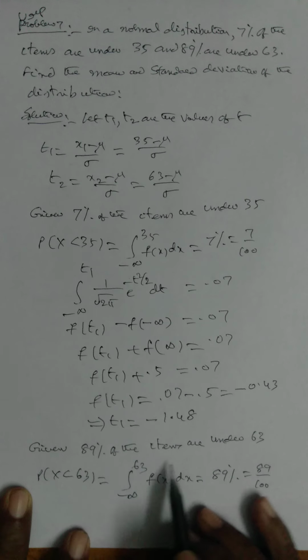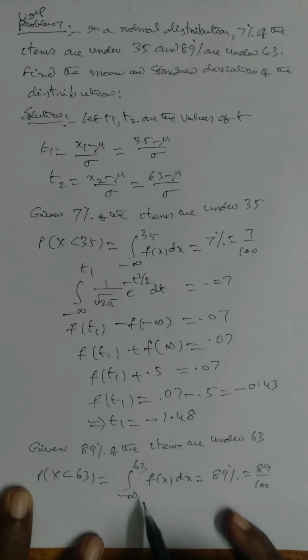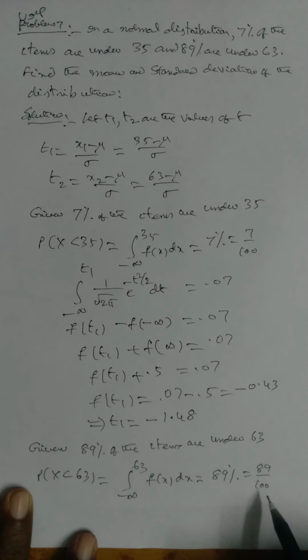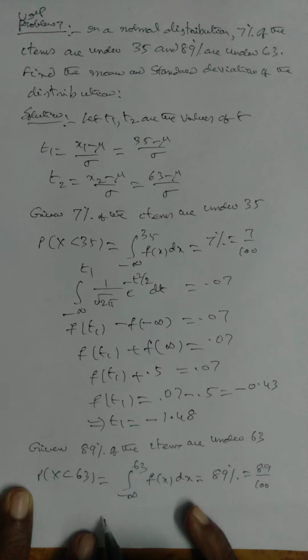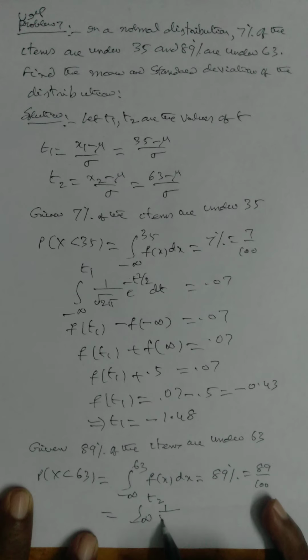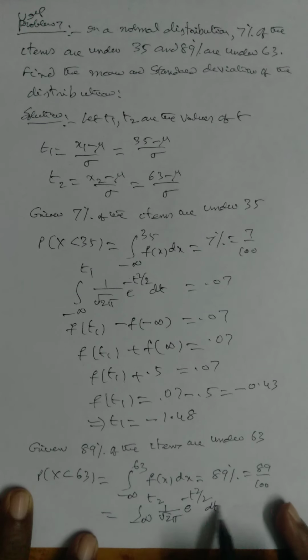Given 89% of the items are under 63. P(x less than 63) is equal to the integral from minus infinity to 63 of f(x) dx, equal to 89%, 89 by 100. This is equal to the integral from minus infinity to t2 of 1 by root 2 pi e power minus t square by 2 dt, which is 0.89.